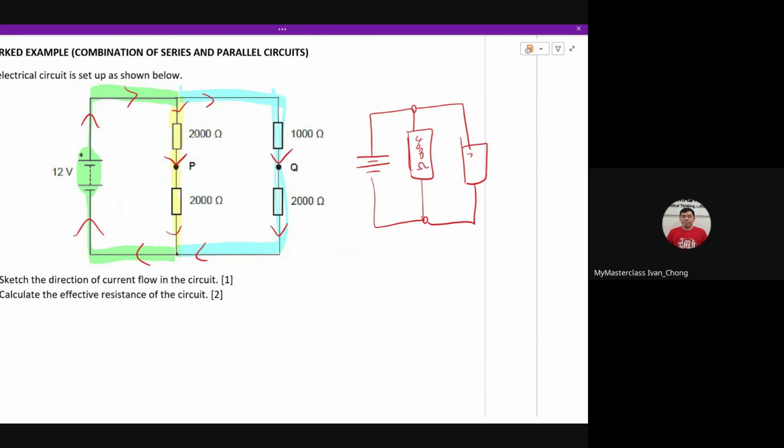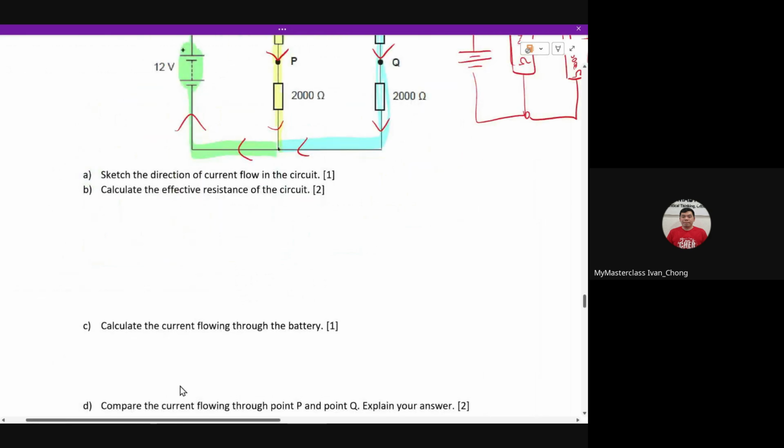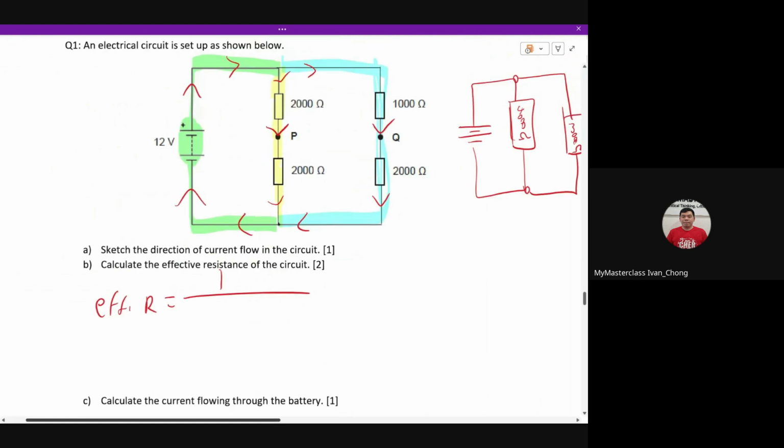And this one over here is 3,000. If you want to find your effective resistance, because I have 2 branches, 1 and 2, yellow and blue, I should only have 2 fractions. Because I have the 2,000 which is in series, I'll just add them up, don't get 2 brackets. And you have 1,000 plus 2,000 over here, close the bracket, press your calculator.